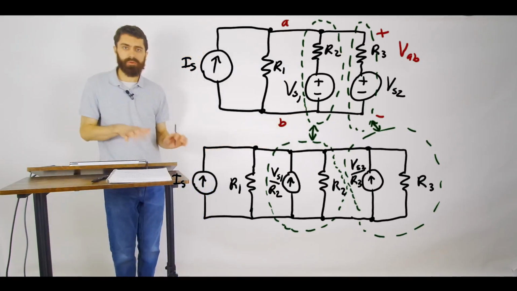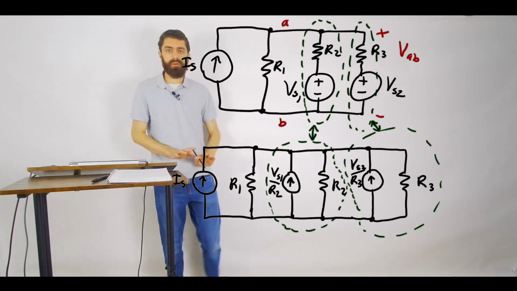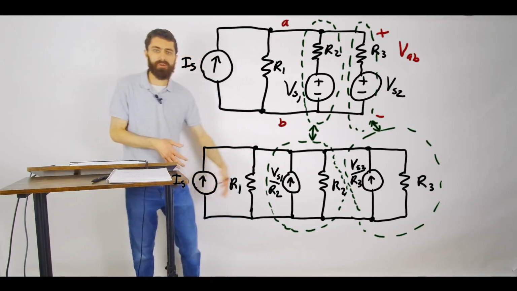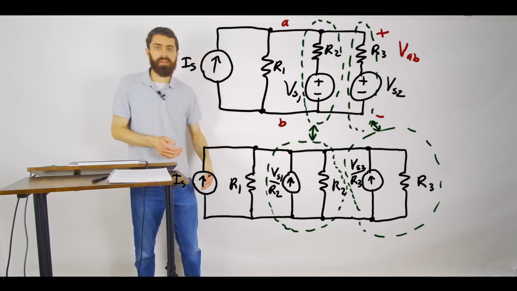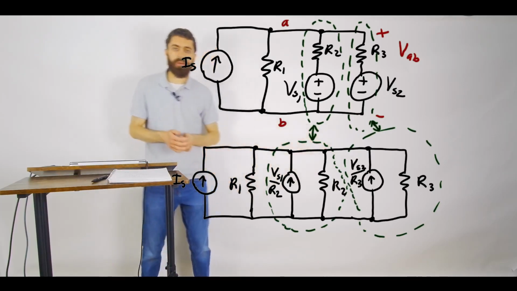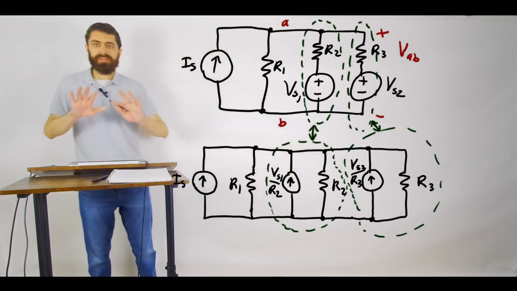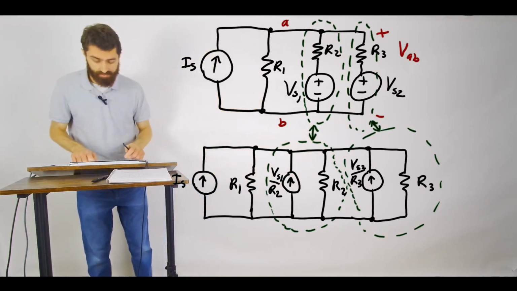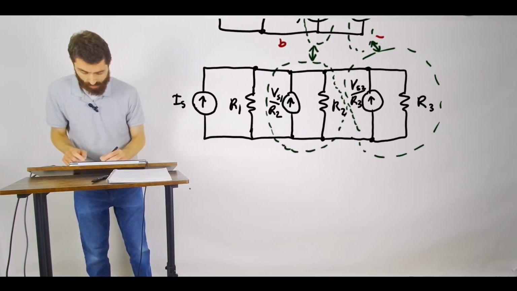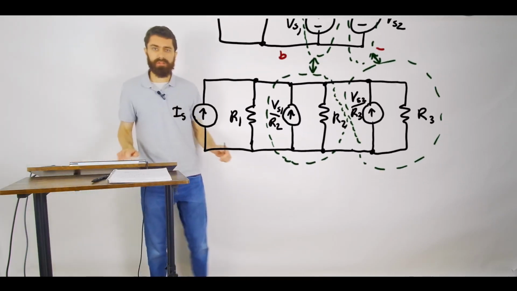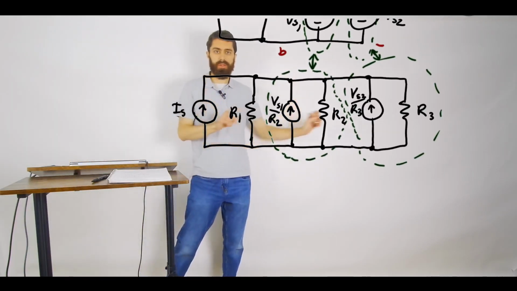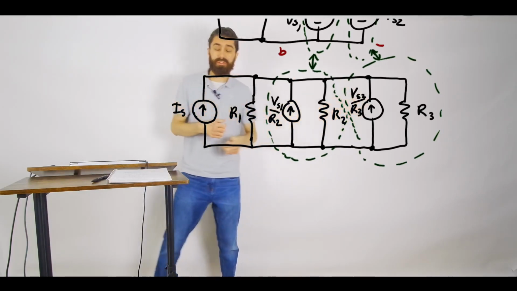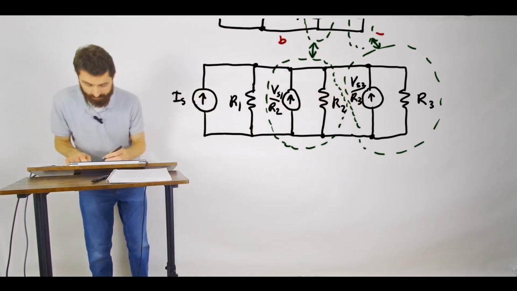So now that we've done that, notice everything's a lot more simple because now everything's a current source and you have all these resistors in parallel, so it makes it very easy to combine everything. Because all these currents are going in the same direction, we can combine all of them into a single current source.